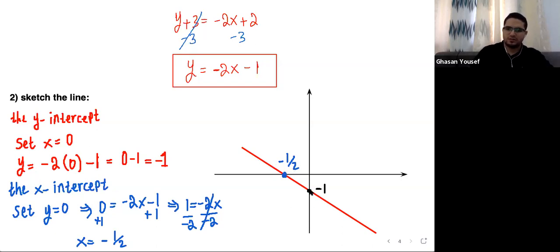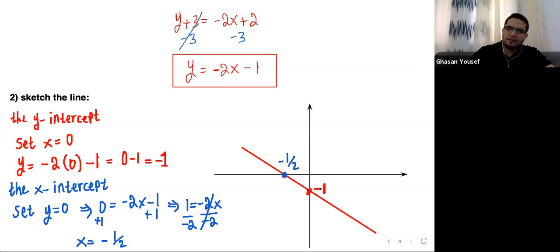And also at this point, -1, the line intersects the y-axis. So this is the correct graph of this line. So again, in the exam, to sketch the line, you should find the y-intercept and the x-intercept.